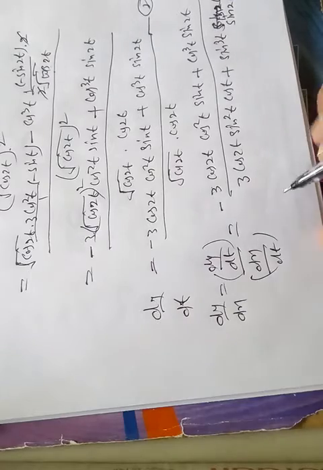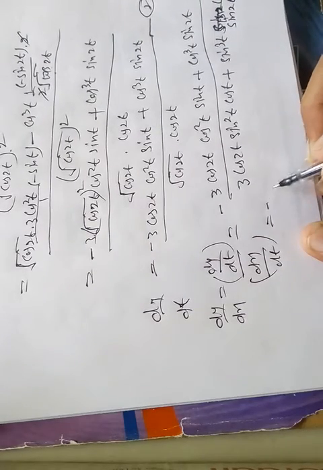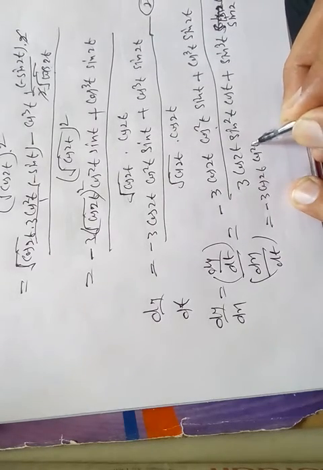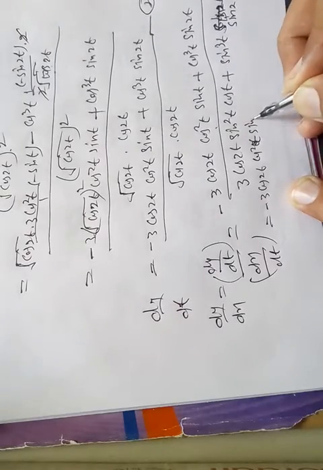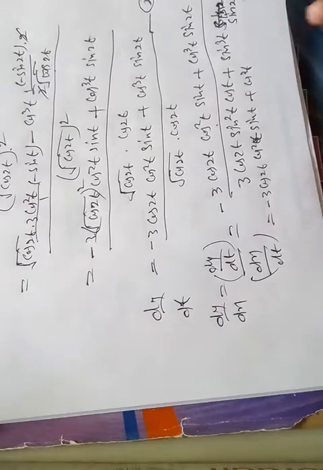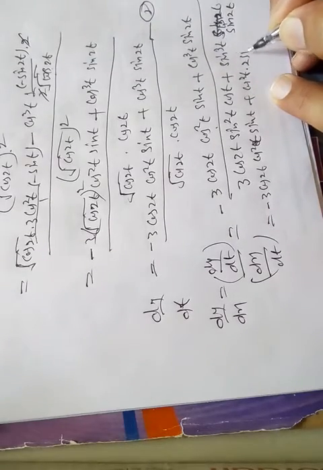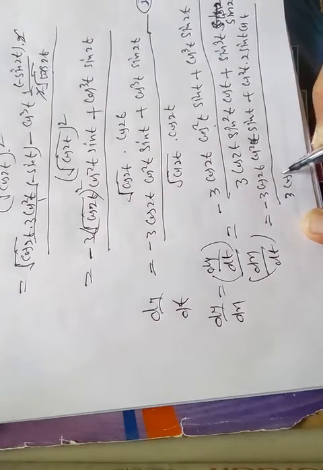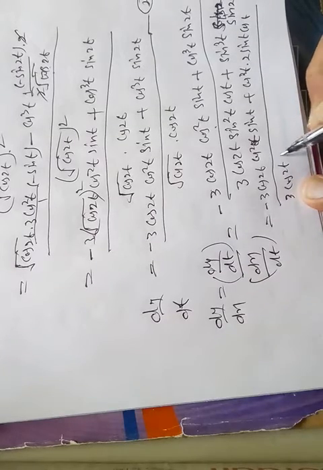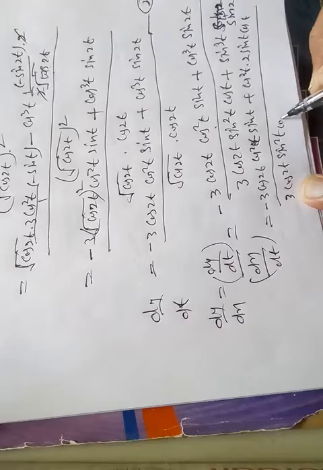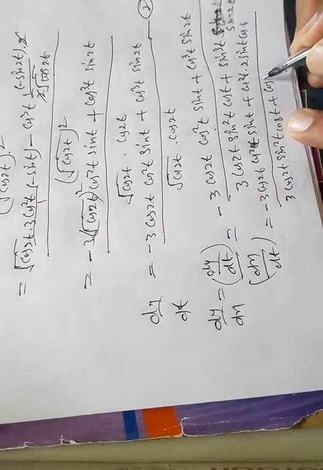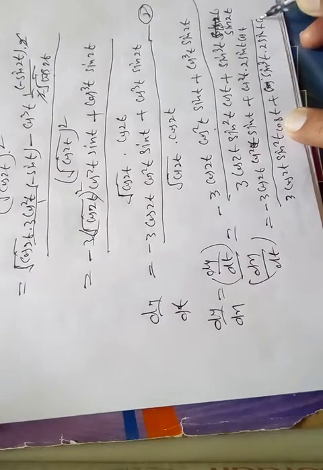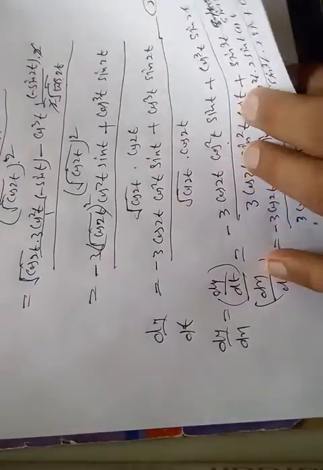Okay, so putting this value: minus 3 cos 2t or this cos square t sin t plus cos cube t, this sin 2t change to 2 sin t cos t, and this is also 3 cos 2t and sin square t cos t plus sin cube t into 2 sin t cos t.